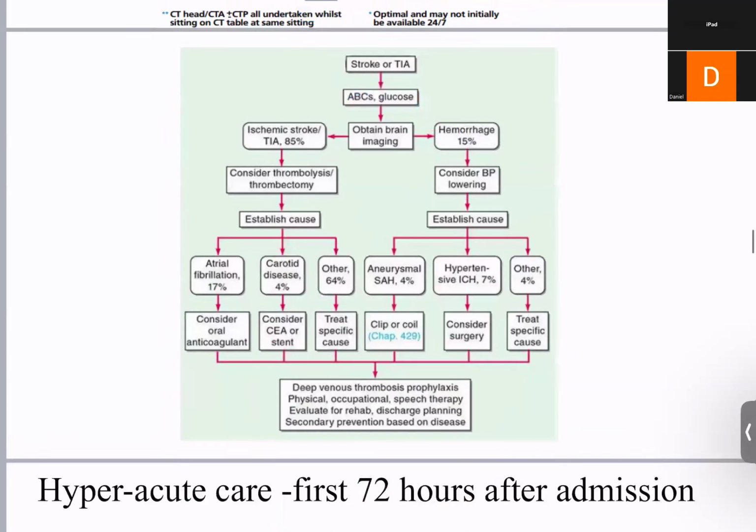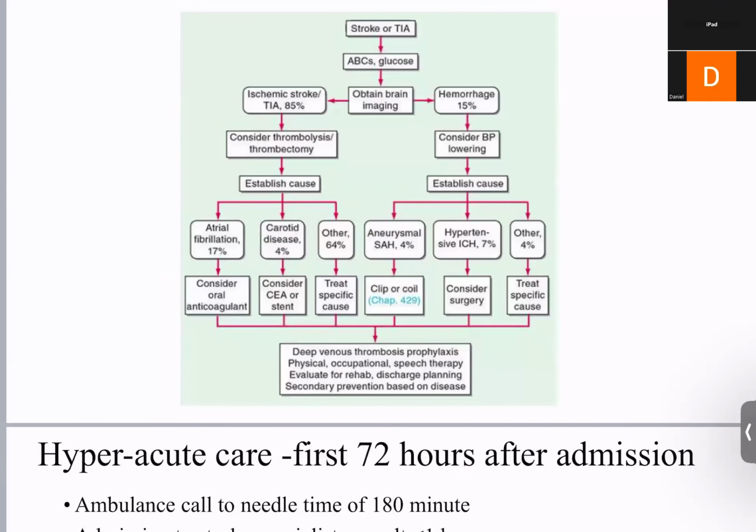So overall, management of stroke: after assessing the airway, breathing, circulation, you have to obtain brain imaging to classify it as hemorrhagic or not. If it is hemorrhagic stroke, the treatment is different, which we will talk about in detail in another session. If it is an ischemic stroke, see whether it satisfies thrombolysis criteria or thrombectomy.